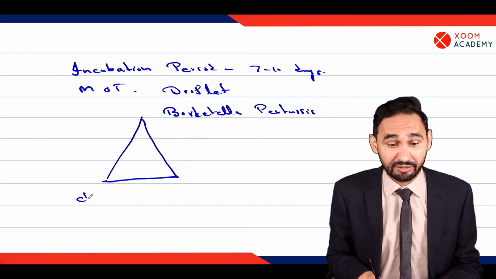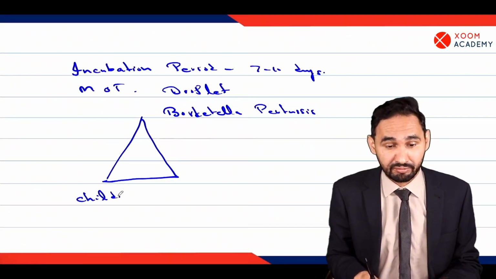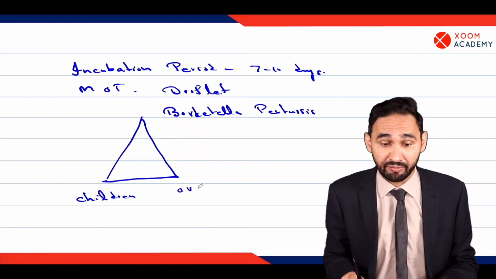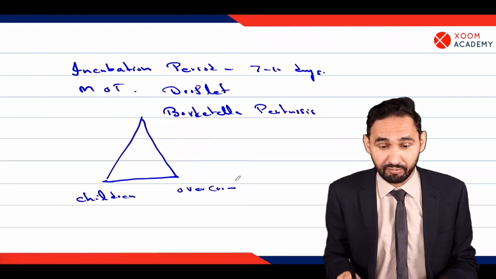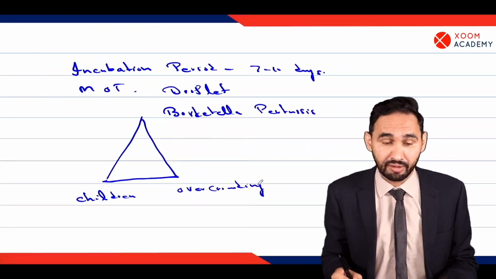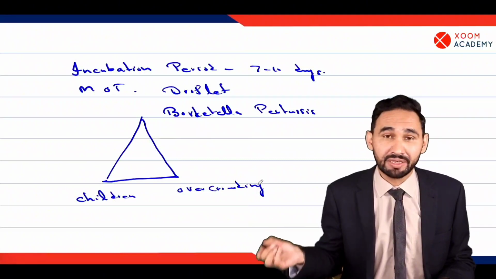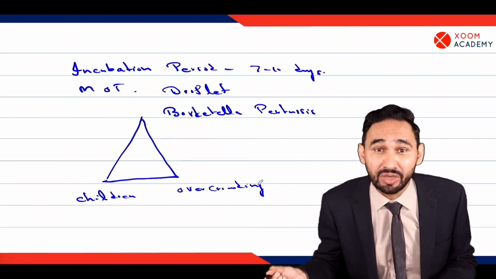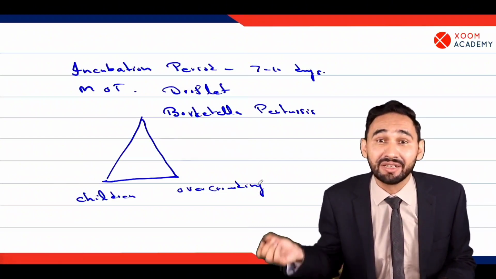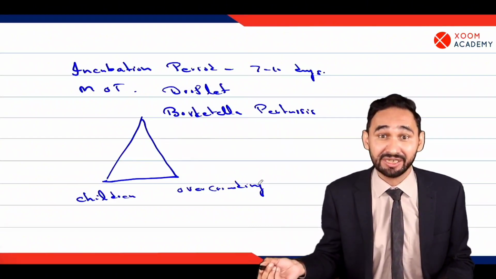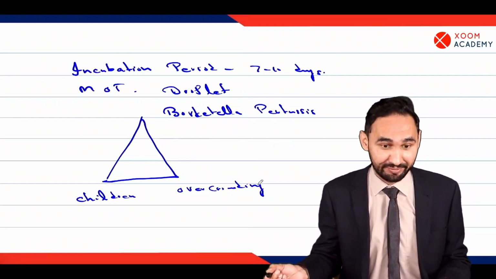Host: children. Environment: overcrowding. So it is common in low socioeconomic status, in malnourished children, and in children less than 1 year. It is more severe in children of less than 1 year.